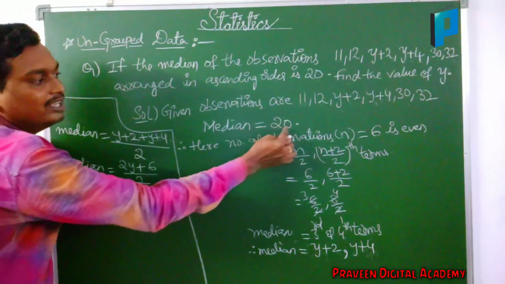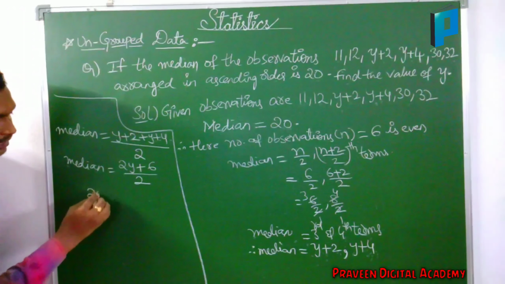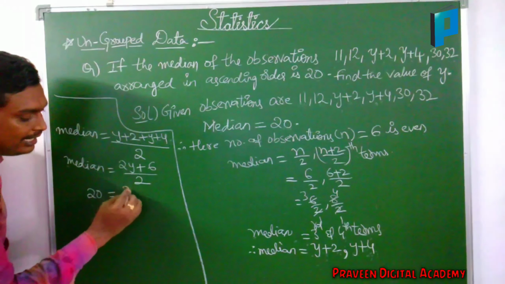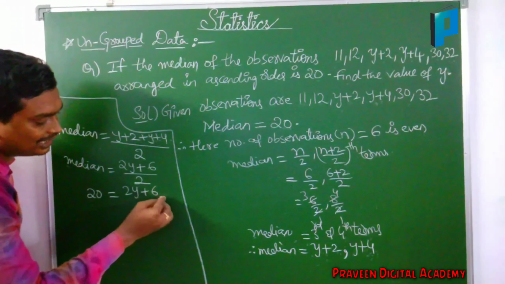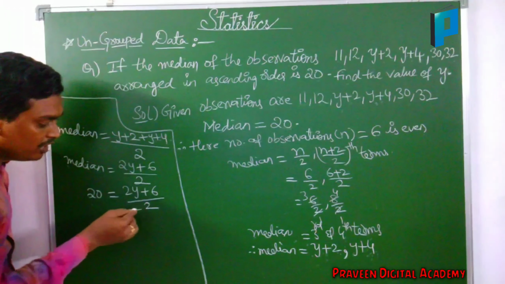Already we know the median. What is the median given in the question? They given median is equal to 20. So let us keep the 20 in the place of median. So we will get here 2y plus 6 by 2. And this 2 is transposed to here.